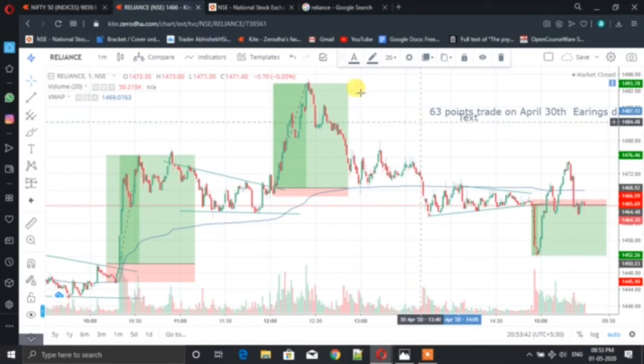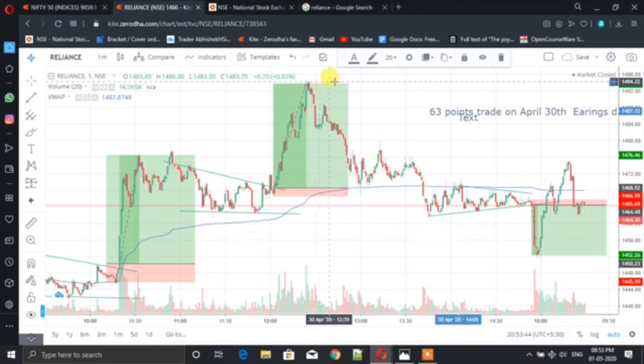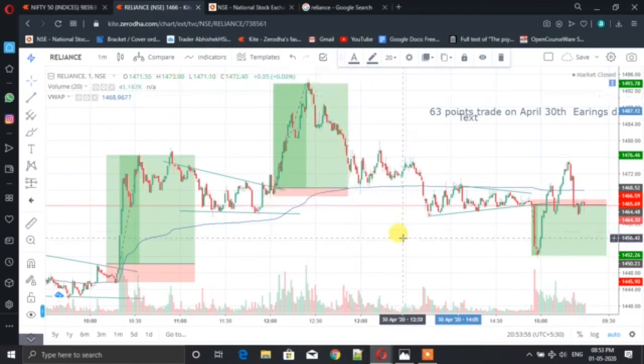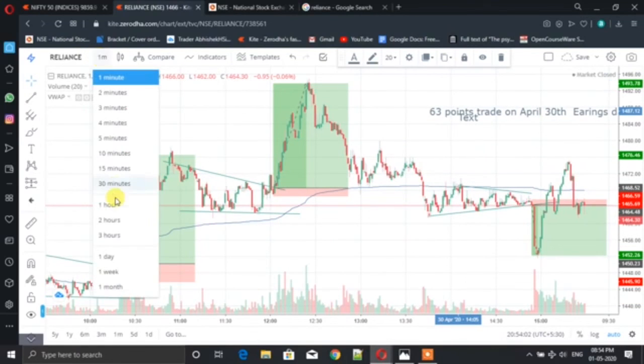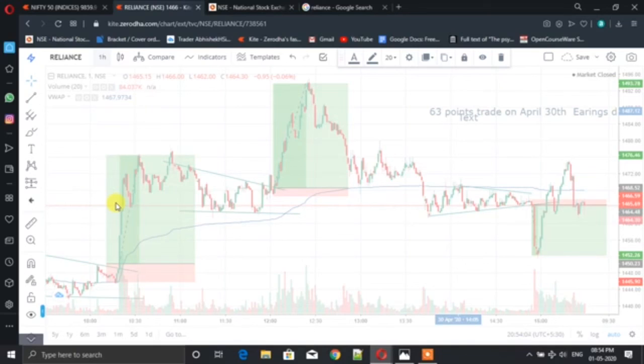If the market doesn't cross the day's high, that is the 1,494 to 1,500 region, if this level is not crossed on Monday, the market is surely going to fall, and it would retest around the 1,450 region here. Let's zoom out. Let's try a bigger time frame so that it will be clear.